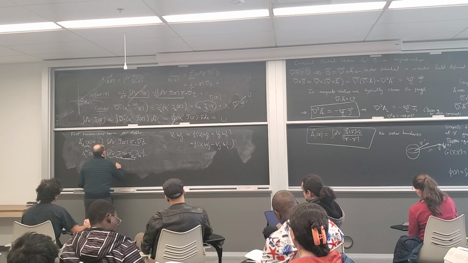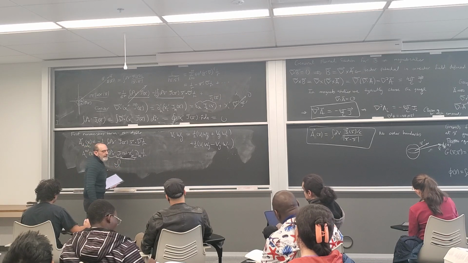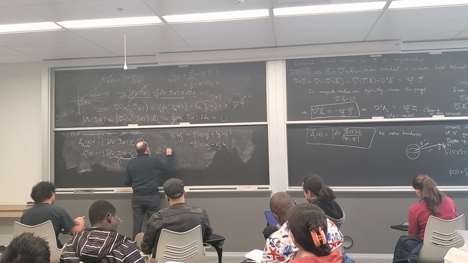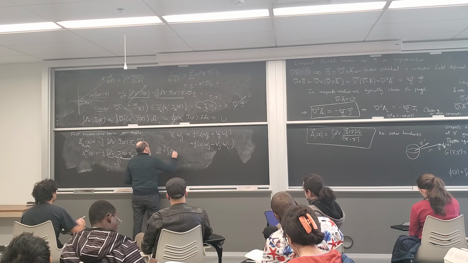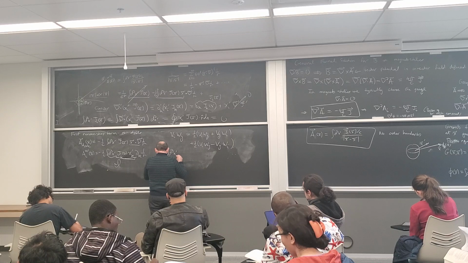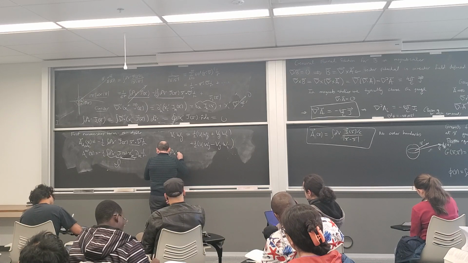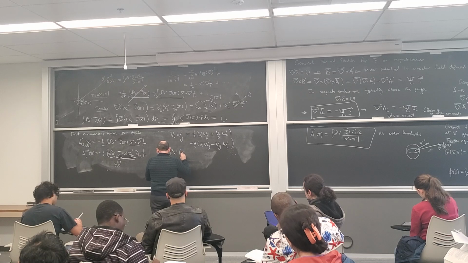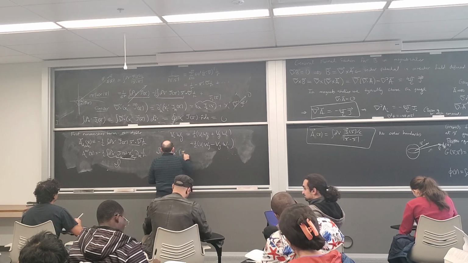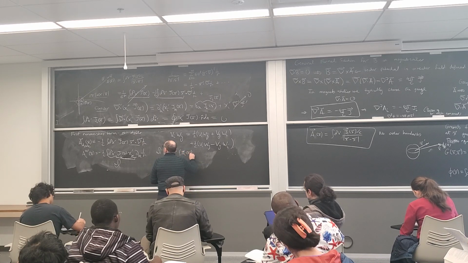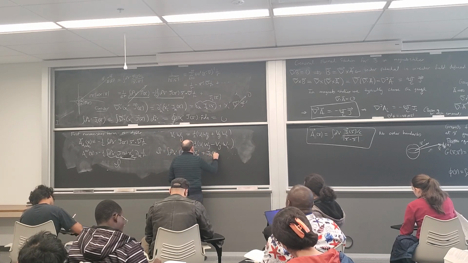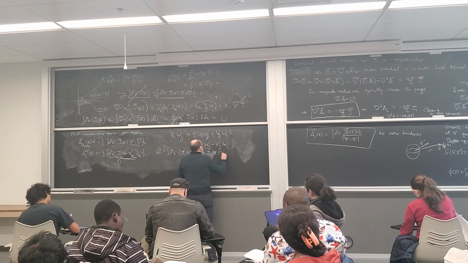Let's look at this thing. I'll call this integral scripty I. So scripty I is equal to, and now I'm going to break this up into the symmetric and anti-symmetric parts. So I'm going to have j_i at x prime times x_k prime plus j_k at x prime times x_i prime.